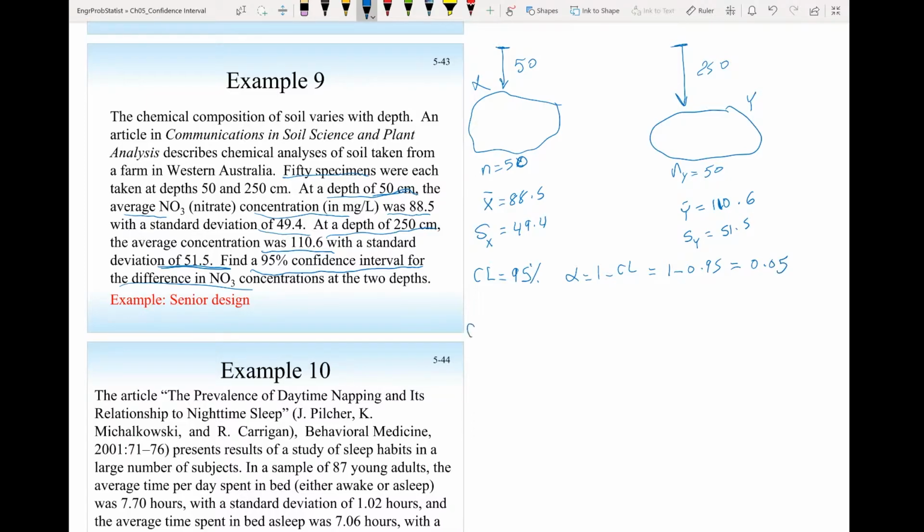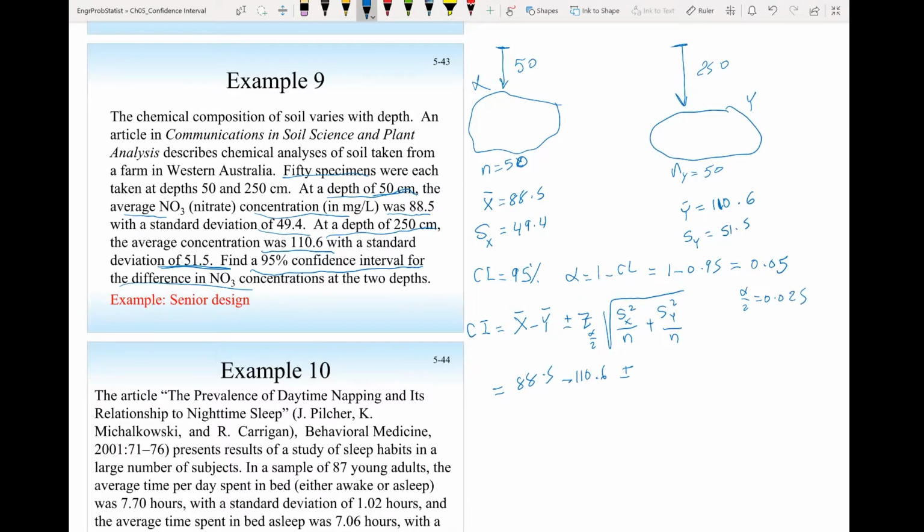So then the confidence interval will be x bar minus y bar plus minus z alpha over 2 times the standard deviation of the difference, which will be the square root of sx squared divided by n plus sy squared divided by n. So that is 88.5 minus 110.6 plus minus z alpha over 2, where alpha over 2 in this case will be 0.025.